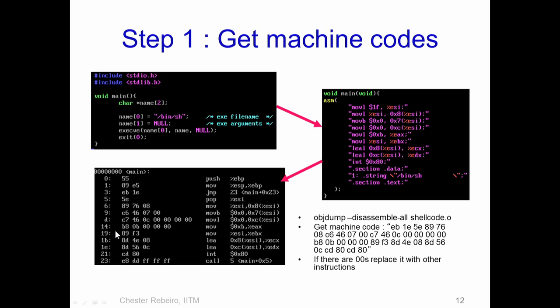What is important for us over here is the second column. The hexadecimal numbers you see over here are in fact the machine code for this program. Numbers like EB, 1E, 5E, 89, 76, 08 and so on correspond to the machine code of this particular program.